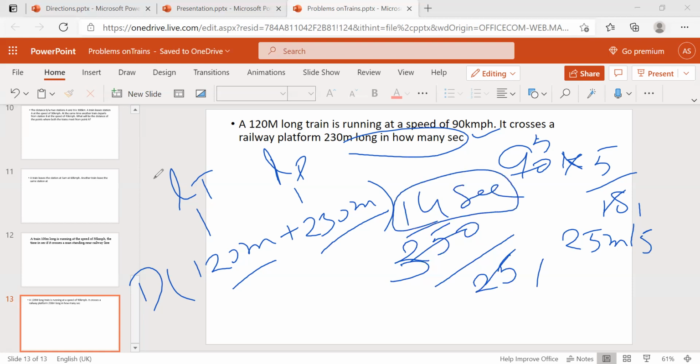So in 14 seconds, the train will cross the 230-meter long platform at the speed of 90 km per hour. Okay, the answer will be 14 seconds.